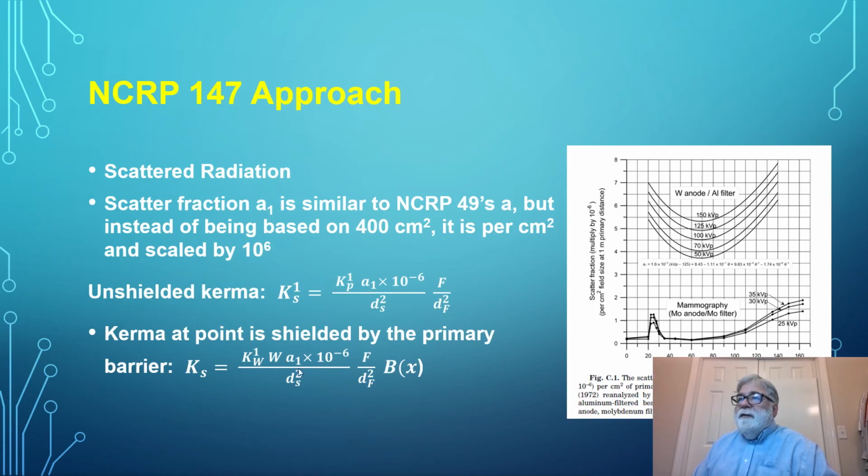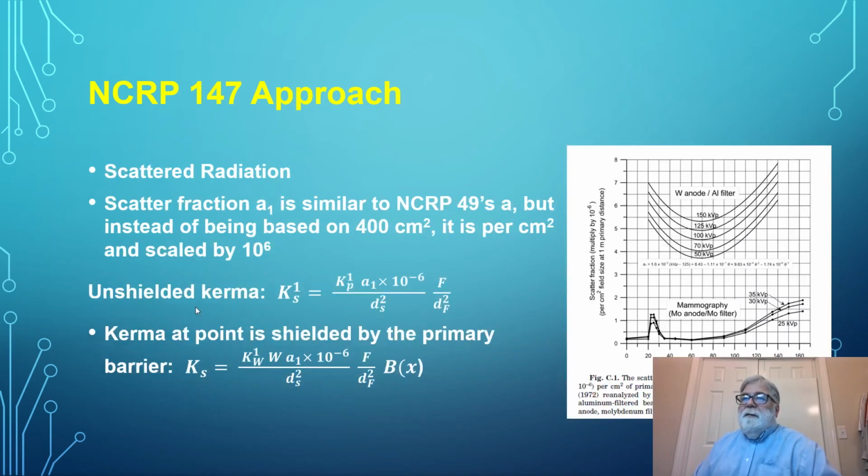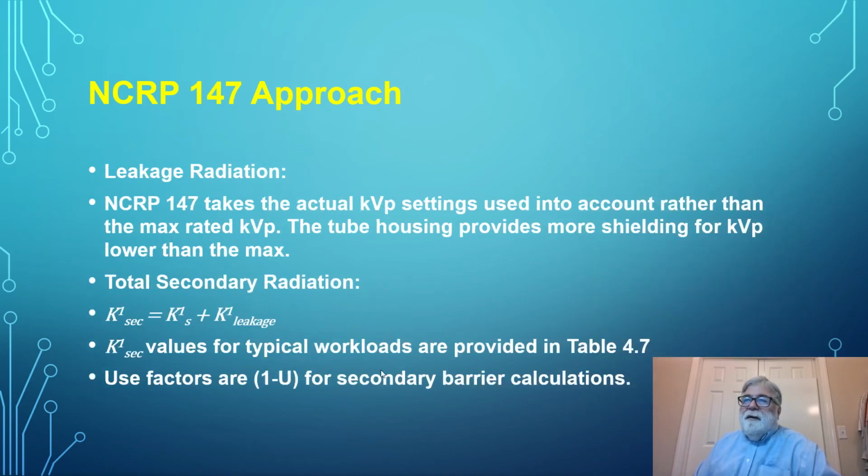DF is the distance before the scattering, the distance from the X-ray tube to the scattering object, and then DS is the distance from the scatterer to the point of interest where we're putting in the shielding. Okay, in addition, we have another formula here. The final P is going to be attenuated by a barrier factor B, and we're trying to find out the X that's associated with that.